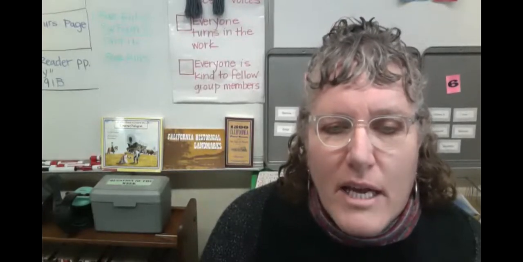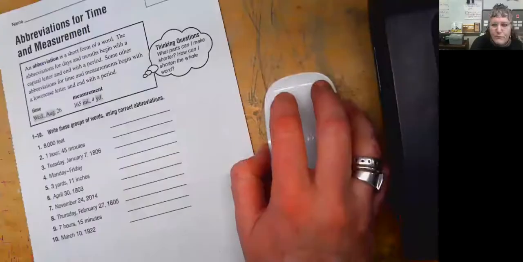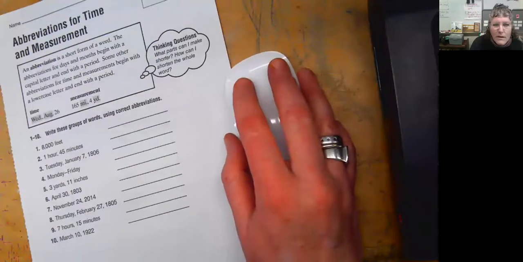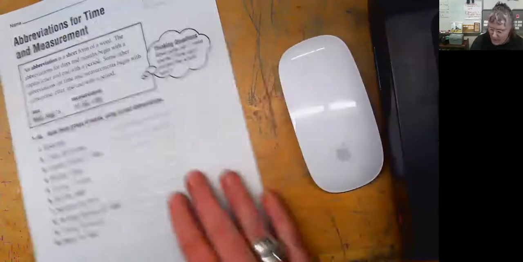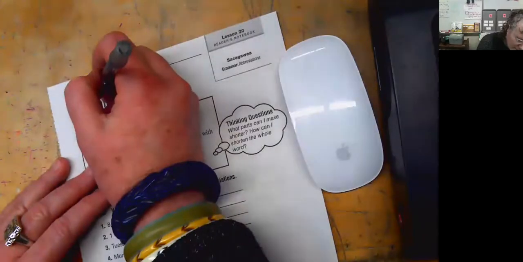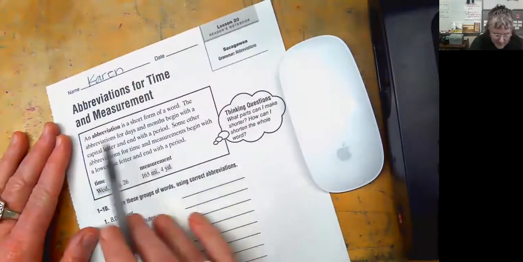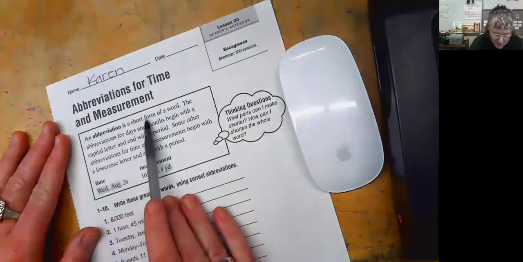So let's go ahead and I'm going to share my screen so that you can see my paper. And so I'm going to go ahead and write my name on my paper, of course. And it says an abbreviation is a short form of a word.